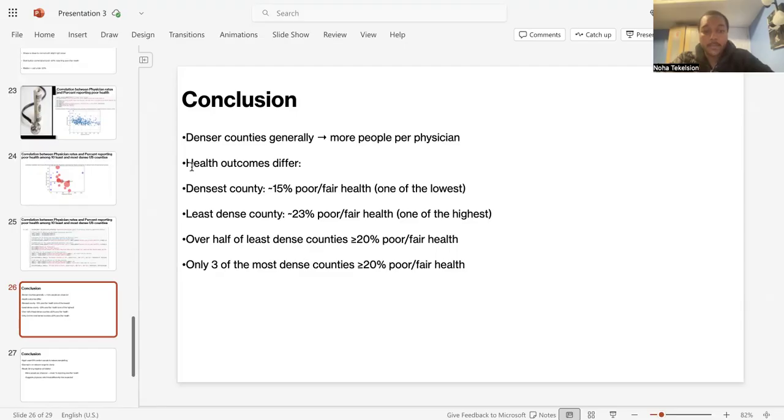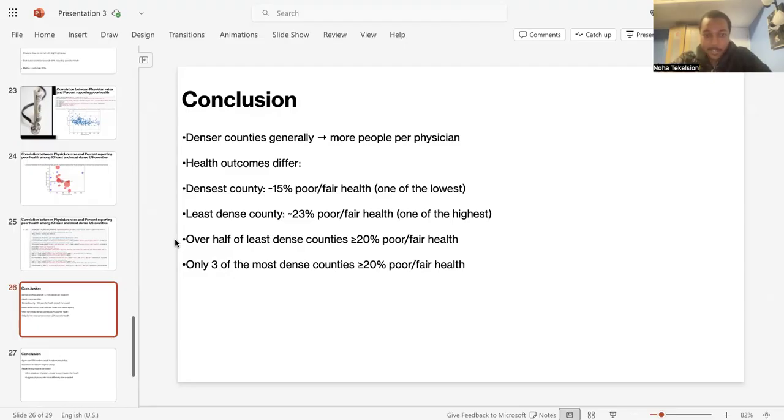So over half of the least dense counties have greater than 20% of people ranking themselves as poor or fair health, and only three of the most dense counties have greater than 20% saying likewise. So something to read into there.